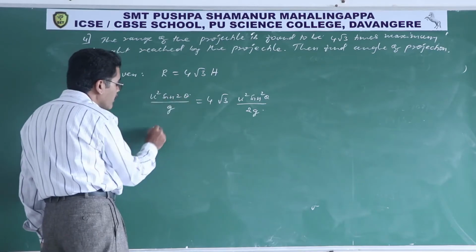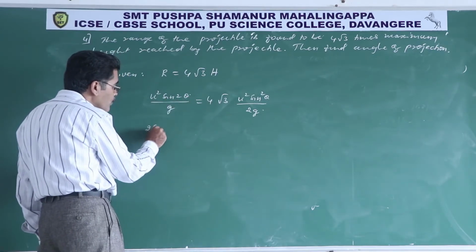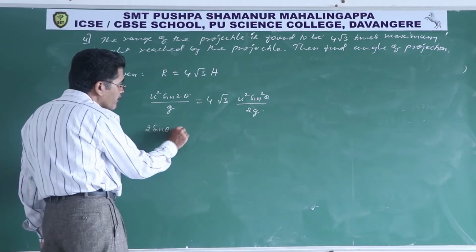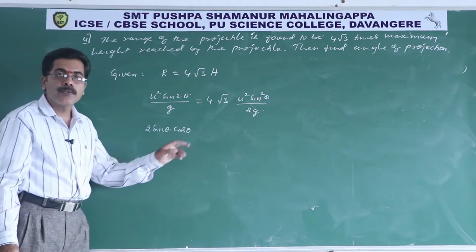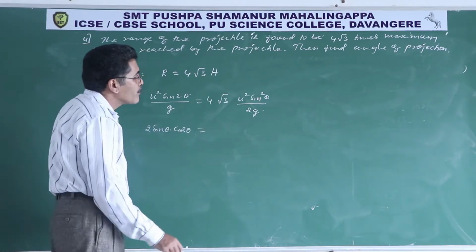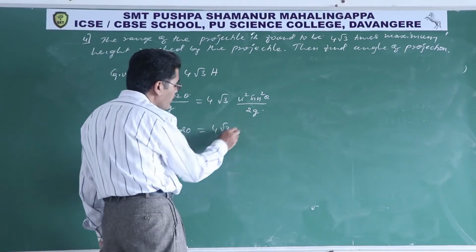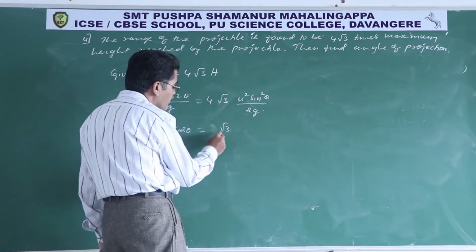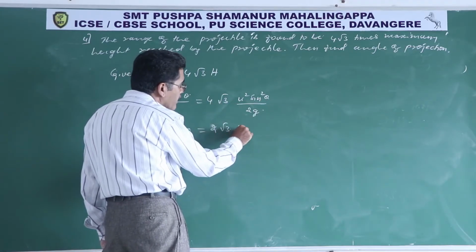You know that sine 2 theta is 2 sine theta into cos theta, which is equal to 4 root 3 times sine square theta divided by 2, that is 2 root 3 sine square theta.